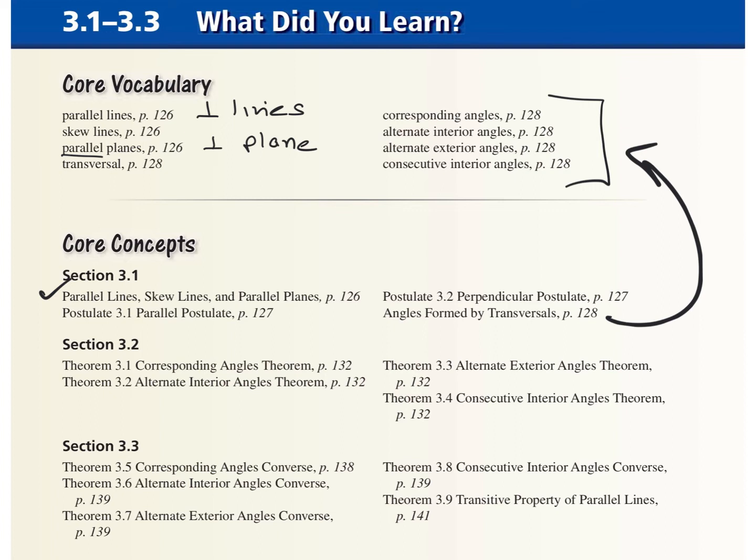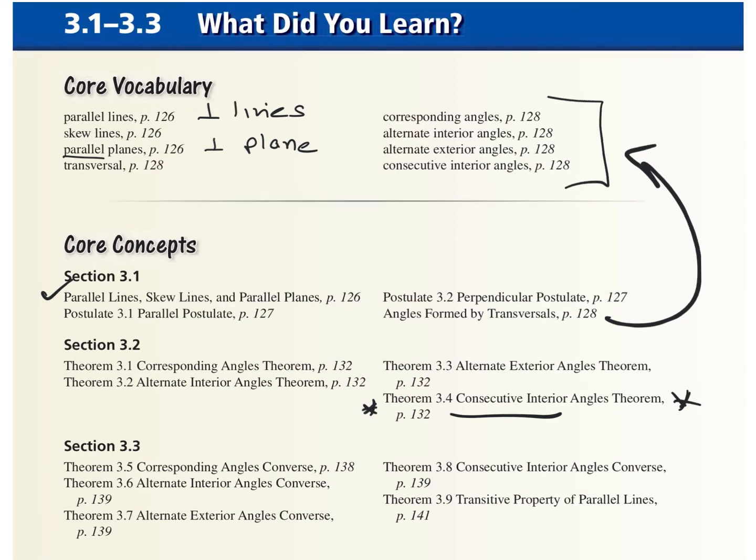Same for the alternate exterior. If the lines are parallel and you have alternate exterior angles, they're congruent as well. The only one that was different was the consecutive interior angles, which are also called same side interior. But again, our book uses the word consecutive interior, and these would be supplements.